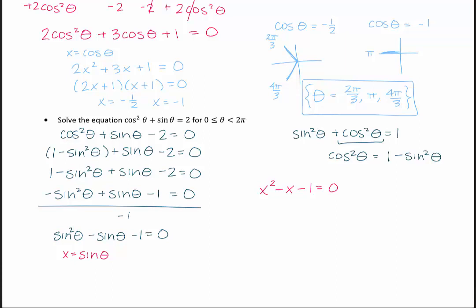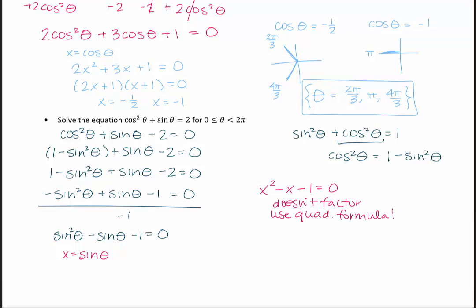I don't know a way that I can factor this, because if I factor it with (x minus 1)(x plus 1), I don't have a middle term. So I know that I can't factor it, and because of that we're going to have to use the quadratic formula. You could complete the square if you wanted to, but I'm going to use the quadratic formula.